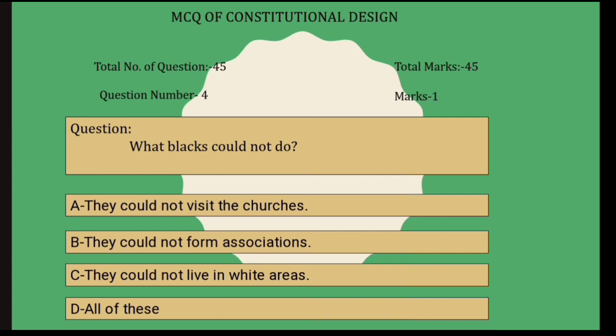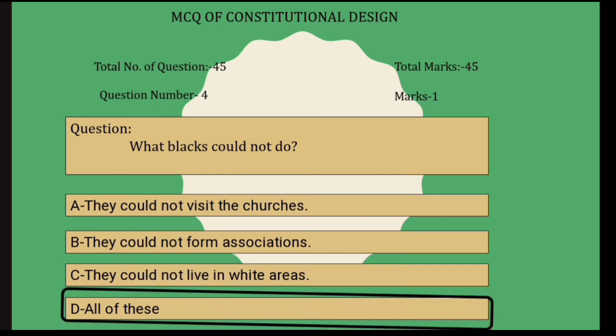Question 4. What blacks could not do? Option A. They could not visit the churches. B. They could not form association. C. They could not live in white areas. D. All of these. Correct option is D. All of these.